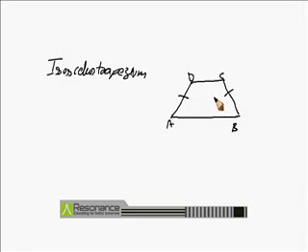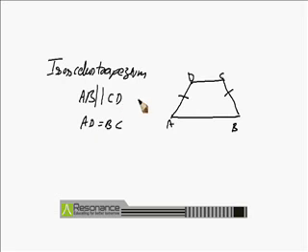A trapezium is said to be an isosceles trapezium if its non-parallel sides are of equal length. AB is parallel to CD and the lengths of the non-parallel sides AD and BC are equal. So it is an isosceles trapezium.